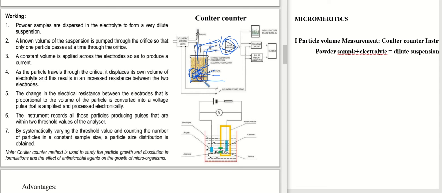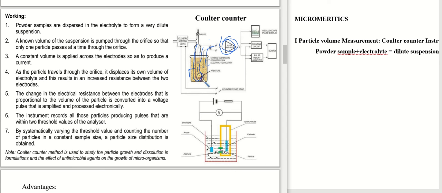Let me explain this once again. Our aim is to determine the particle volume. One electrode is placed in a sample suspension which is made with electrolyte solution. The other electrode is placed in a glass tube having the electrolyte solution.